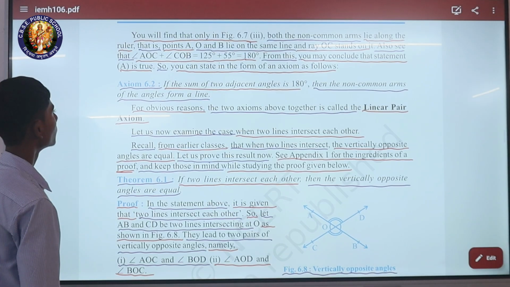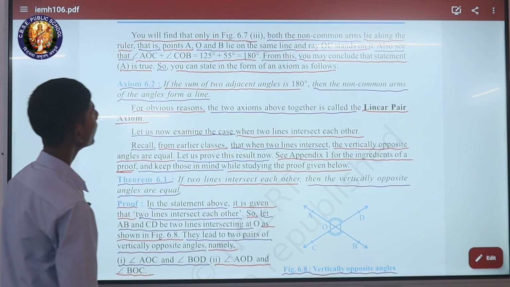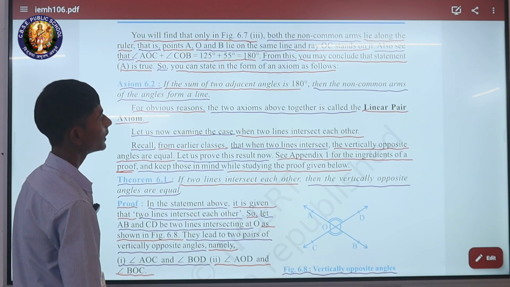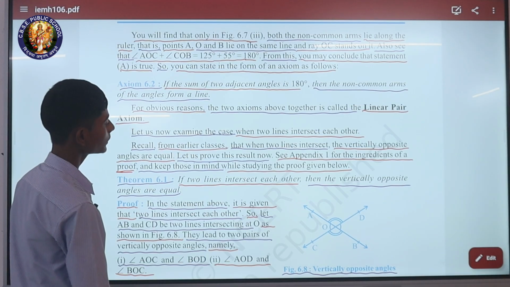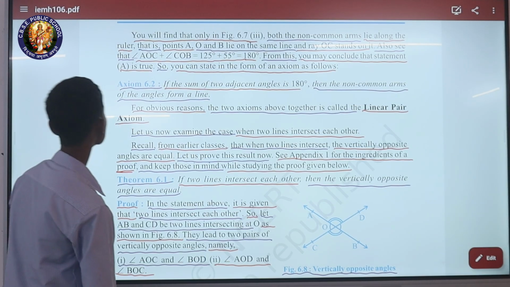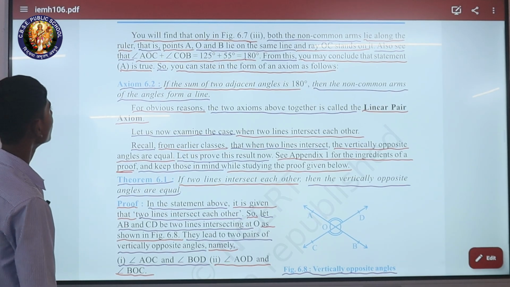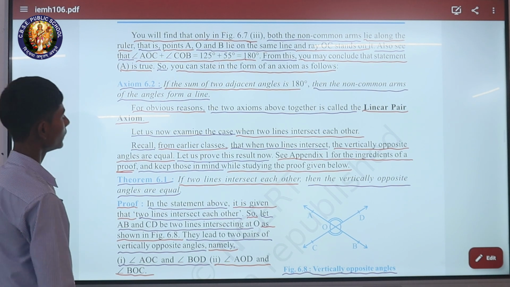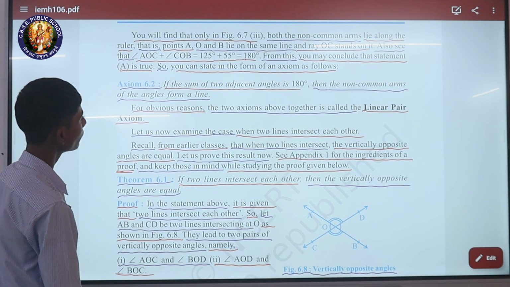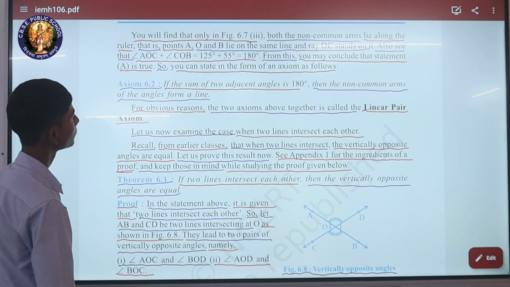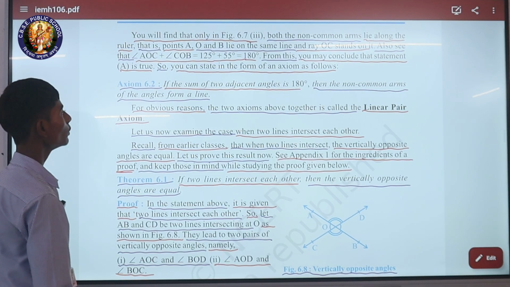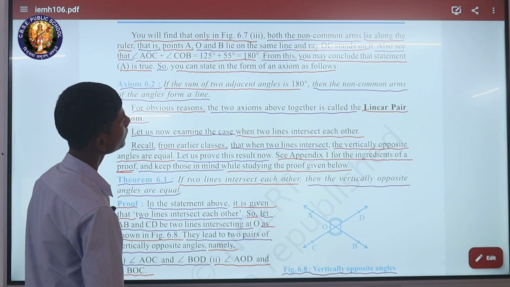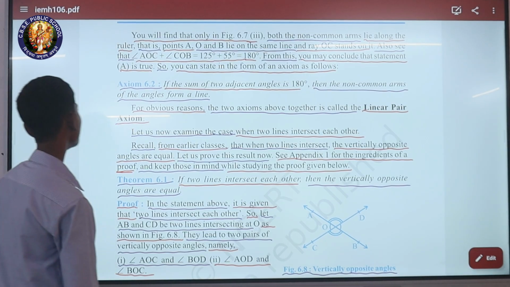That is, points A, O and B lie on the same line, and ray OC stands on it. Also see that angle AOC plus angle COB is equal to 125 degrees plus 55 degrees, which is equal to 180 degrees. From this, you may conclude that statement A is true.